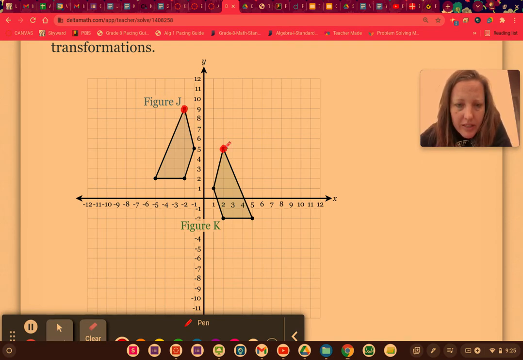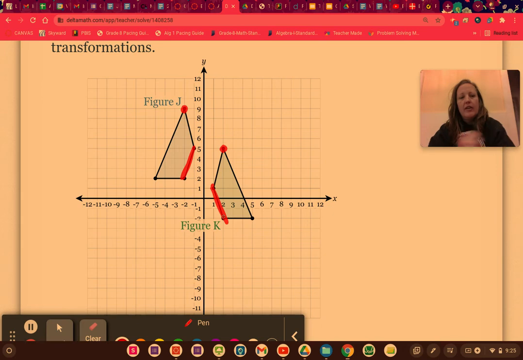To go from here to here, it looks like it just shifts down, but you have to look at another thing. So I'm going to look at this side and this side. See how it's almost like you had a big triangle, and somebody cut a corner off of it right here?